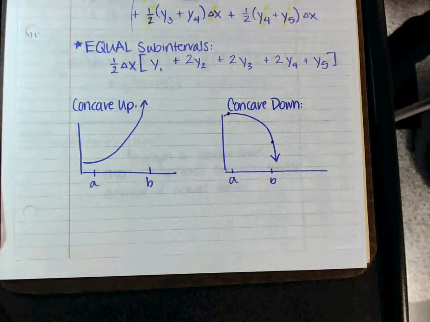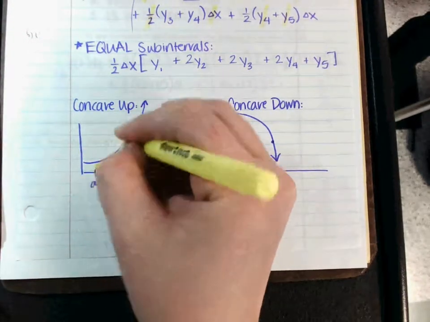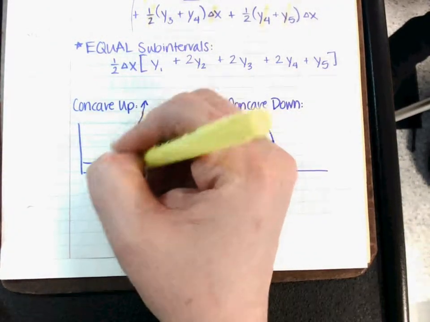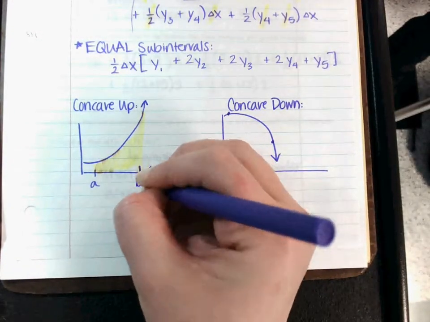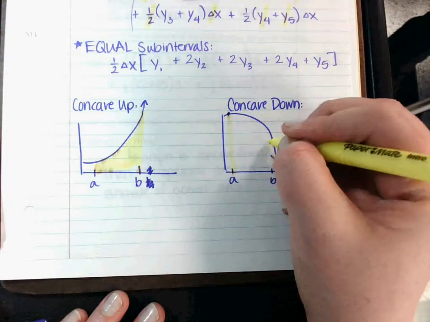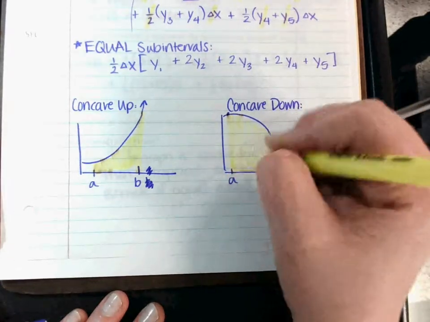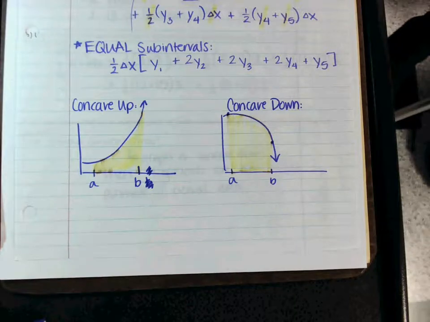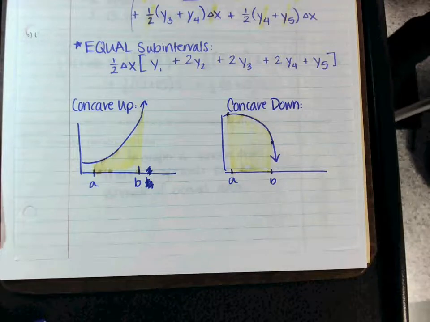If I shade in my exact area, that's the correct value of the integral. Oops, I put my B too far. I'm going to stop it here. Okay, and then here to here. Draw trapezoids into the concave up graph just like we did, and tell me if you think it's too big or too small.